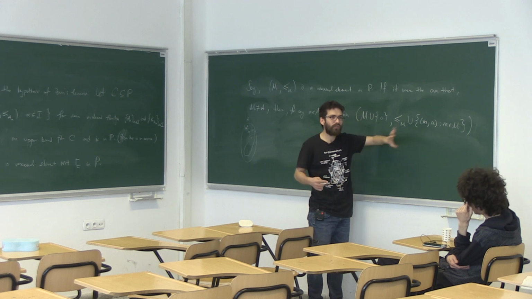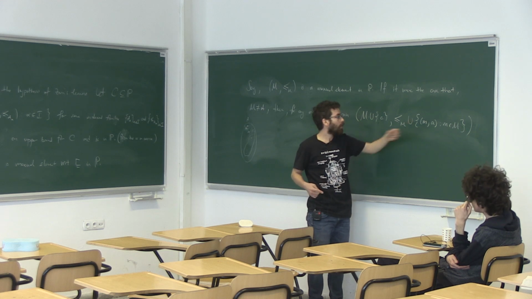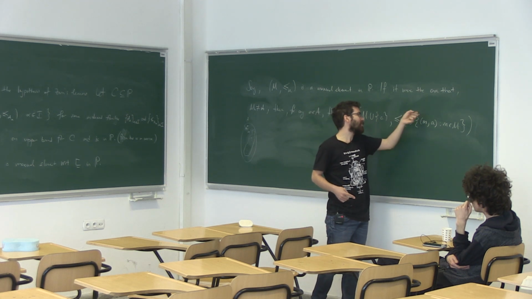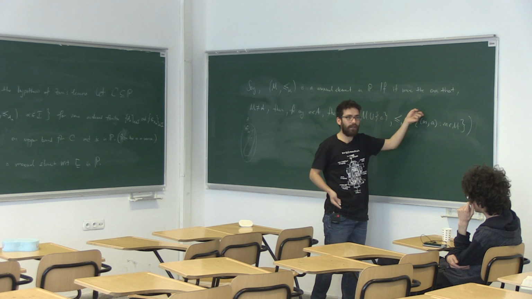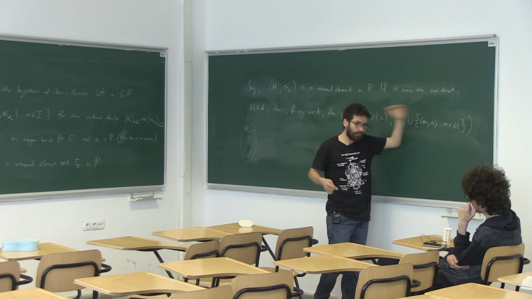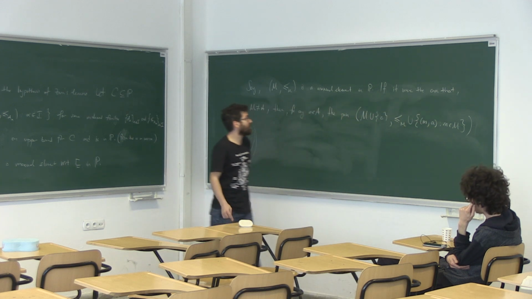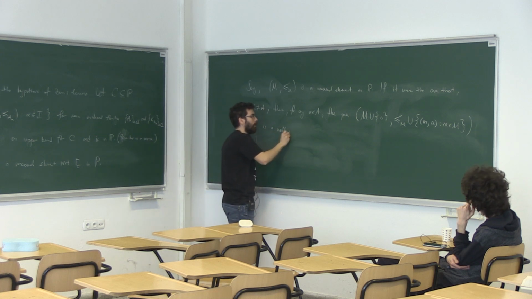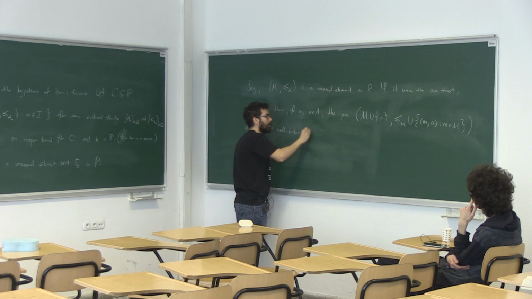So you cannot just disrupt the well-ordering of this. And you can easily check that this is transitive, anti-symmetric, and reflexive. So this is a well-ordered set.